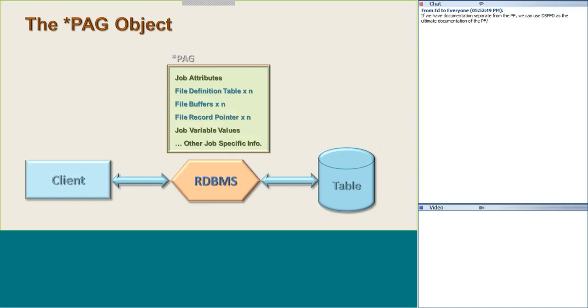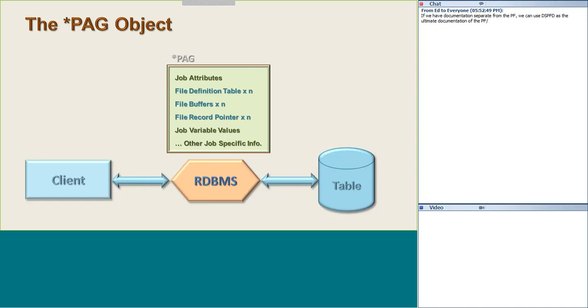The PAG object, Process Access Group, is an object that is created when you start a job. And it contains, amongst other things, the attributes for the job.